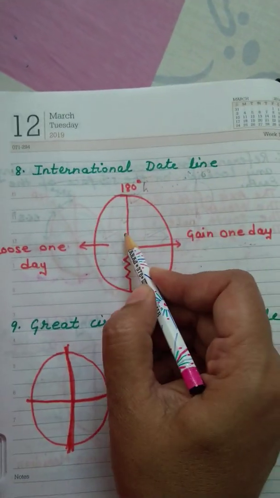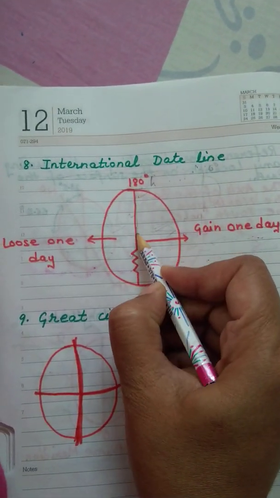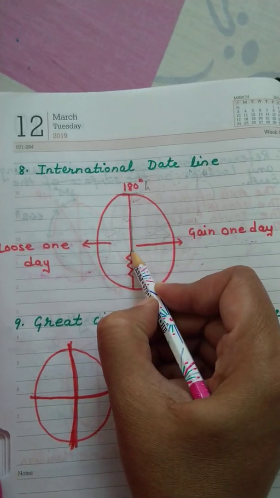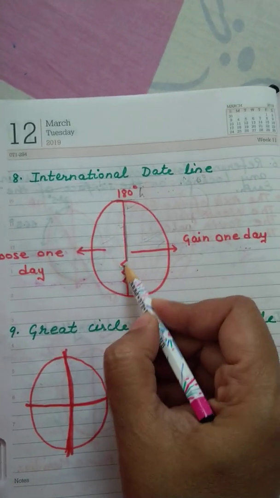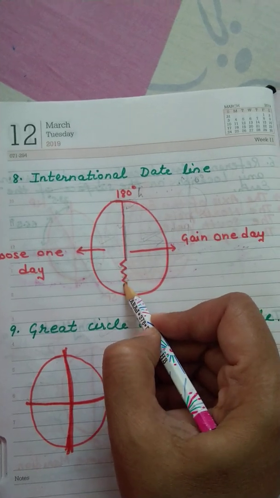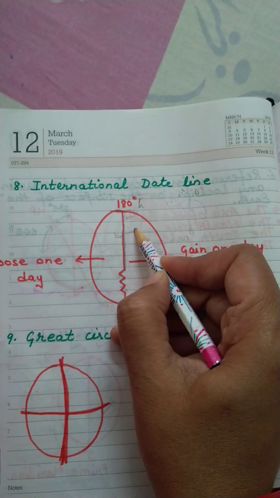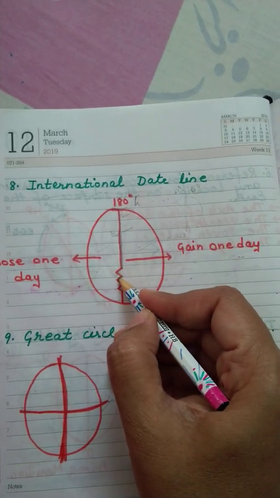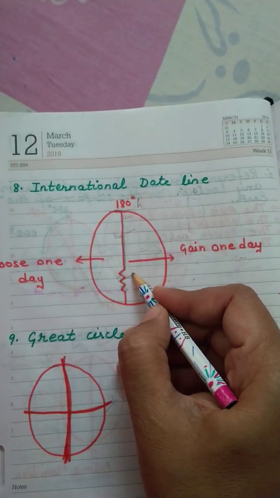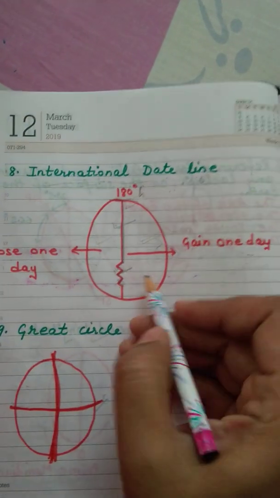Okay, now see this international date line. You will see this line is straight and here this line is zigzag. So wherever water bodies are there, we depict this line as straight, and wherever land masses are there, we depict this line as zigzag.